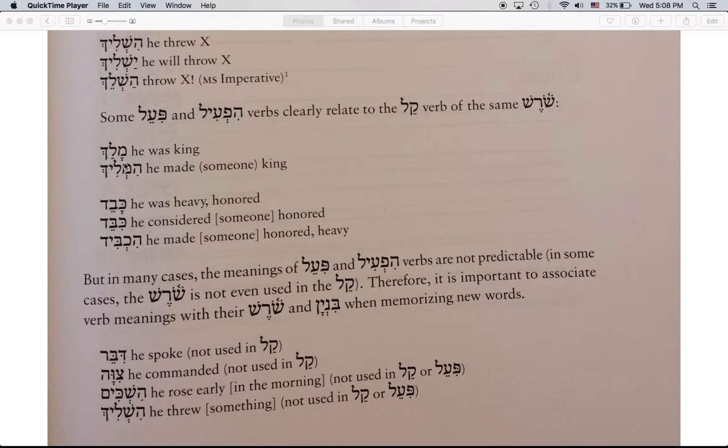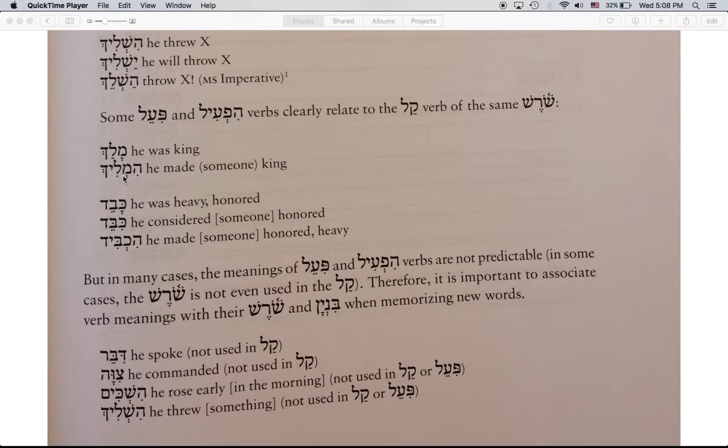Notice the two a vowels, the qamets and the patach. Malak. So this is qal third masculine singular. The hiphil third masculine singular has a hey with the hireq and then the hireq yod. So those two main signs of the hiphil. And this means he made someone else king. So this is third masculine singular, but he wasn't king. He made someone else king.